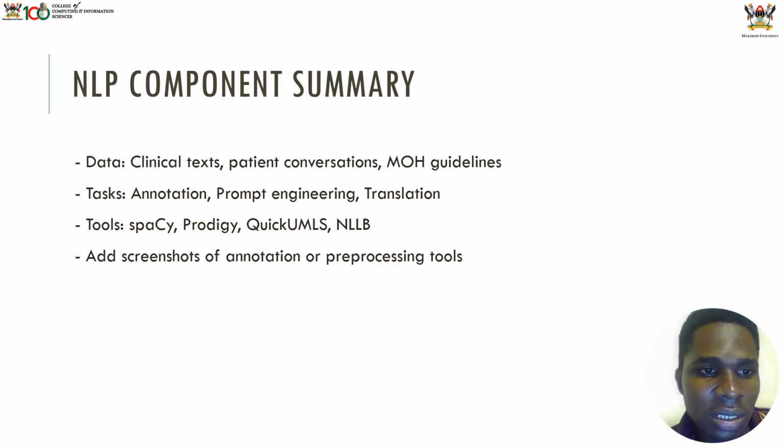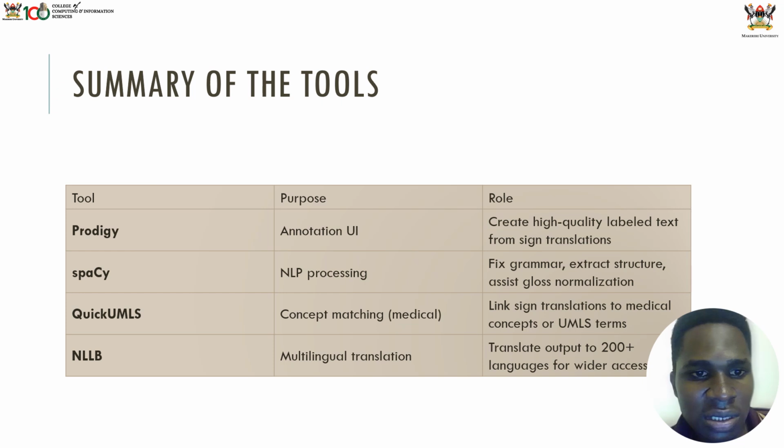These are the tools which are used to perform the tasks: annotation and preprocessing, prompt engineering, and translation. So this is a breakdown of how these tools will be helping us in performing those tasks.